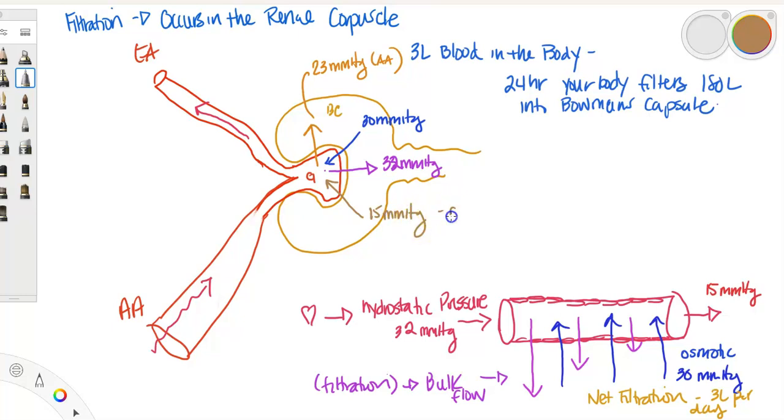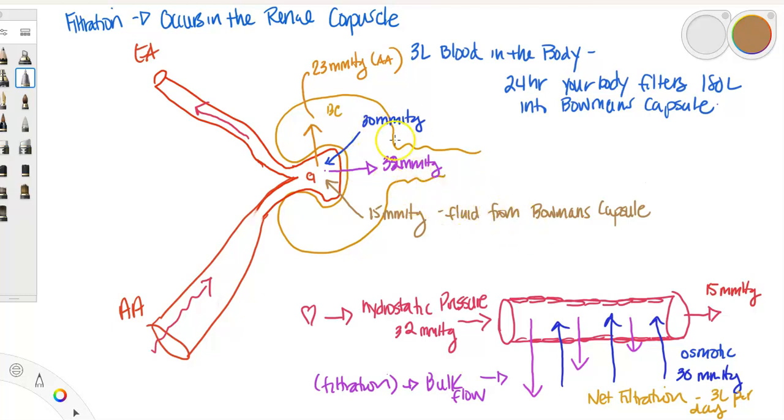So this is fluid from Bowman's capsule. Because any fluid in a space is going to put pressure on the walls of the space that it's containing, okay? So that pressure is also providing a pressure going back towards the glomerulus.